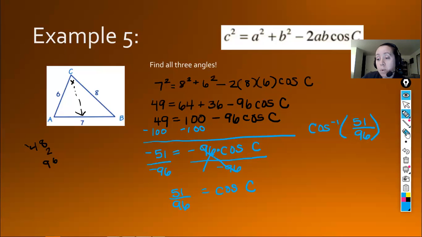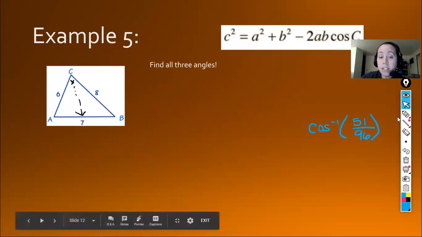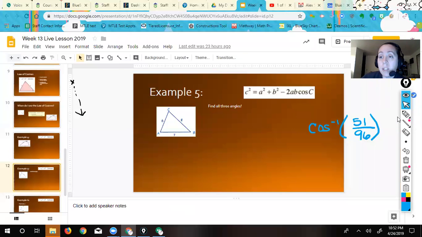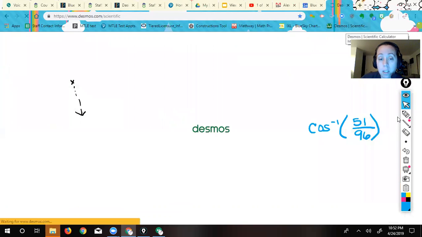So I am going to erase all of this stuff because we are in movie magic now. You guys can pause and rewind if you need it. And I'm going to go to my friend Desmos. We love Desmos. Okay.